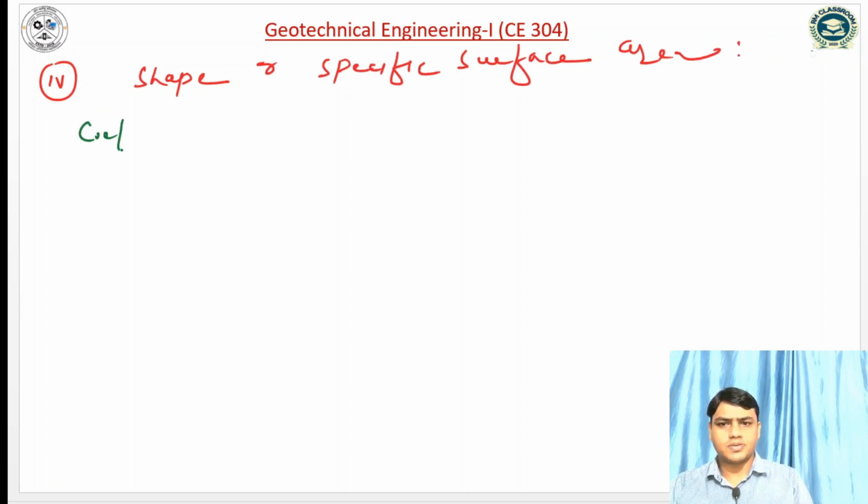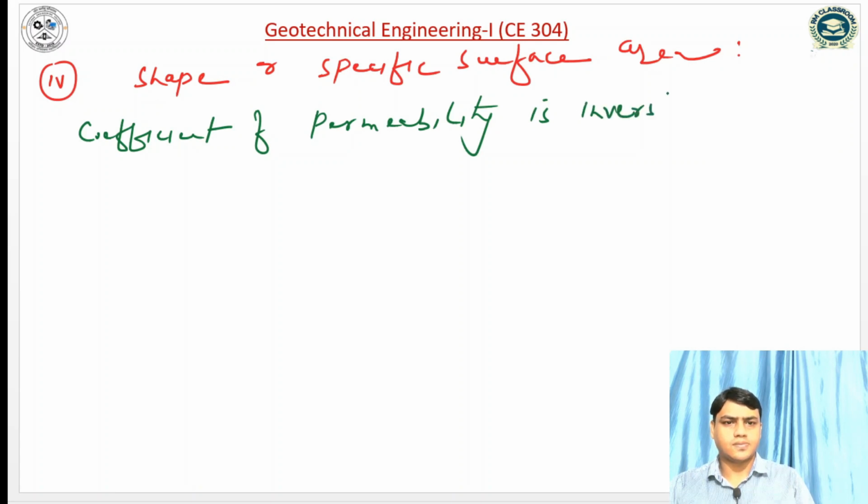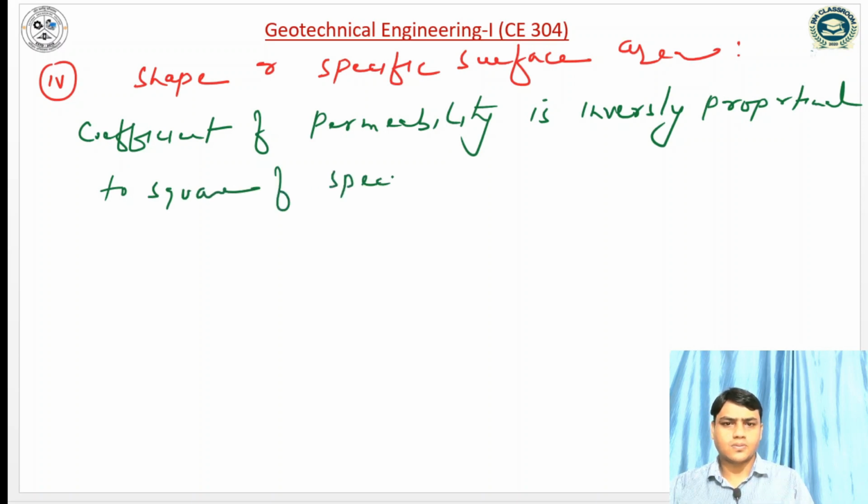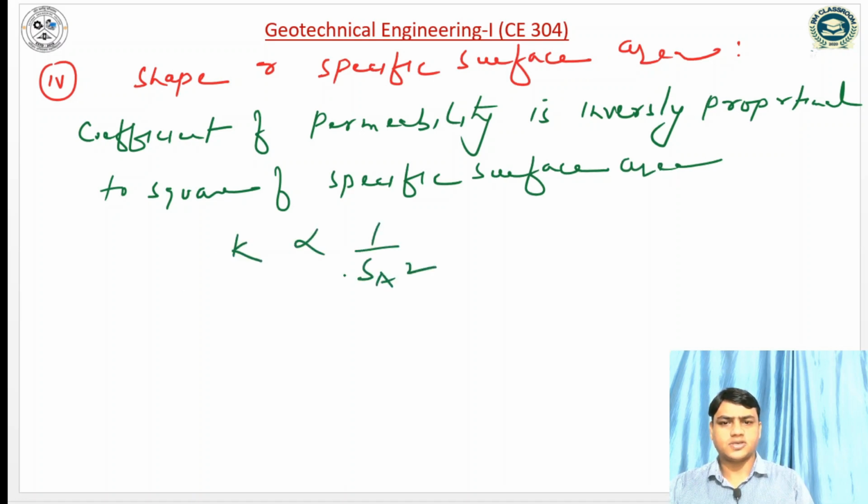So the coefficient of permeability is inversely proportional to the square of the specific surface area. K is inversely proportional to specific surface area.